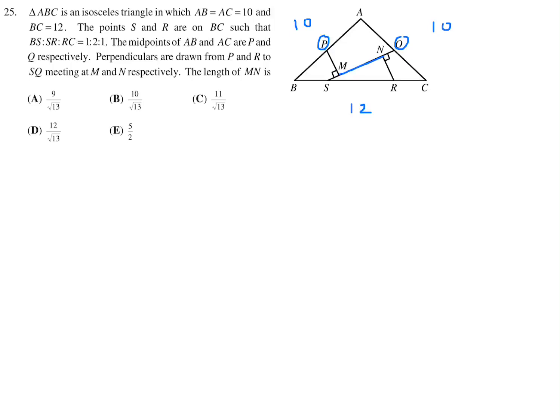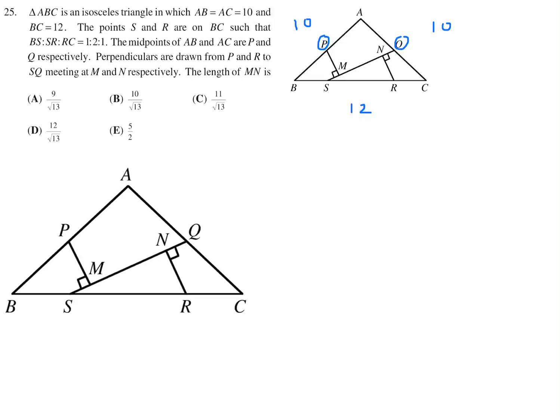All right, so let's draw this out a little bit bigger. So first, let's start labeling this. Well, AC is 10, and AB is also 10, and BC is 12.